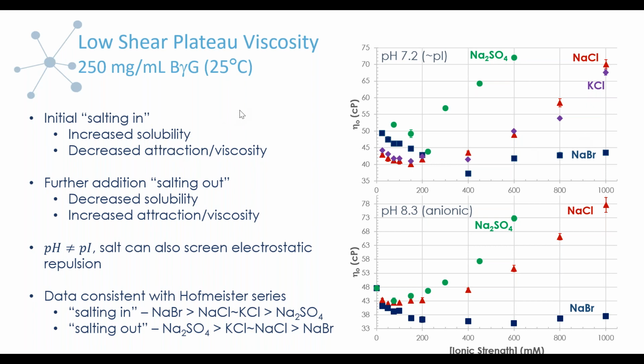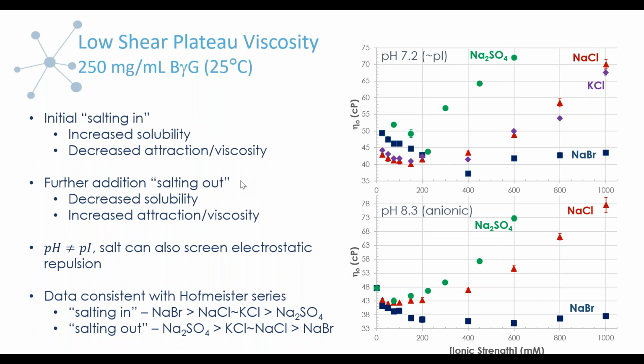This is consistent with the idea of initially salting in the protein. So potentially these ions are associating with the surface of the protein, breaking up some attractions that exist. So we're increasing solubility by decreasing the attractions, which is decreasing the viscosity.